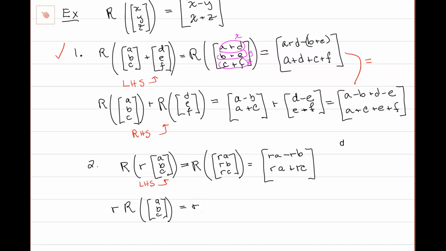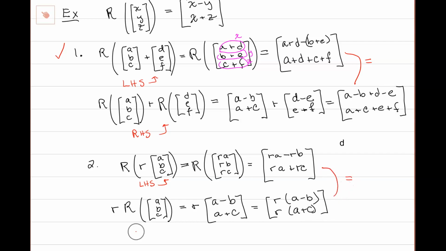So computing the image of ABC gives me A minus B and A plus C. And multiplying through by the scalar, I'll get R times A minus B and R times A plus C, which we can see pretty immediately is equal to the left-hand side of that condition.